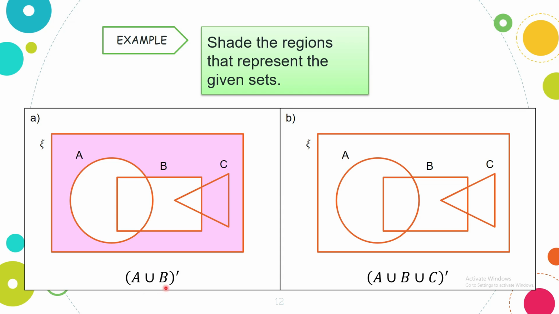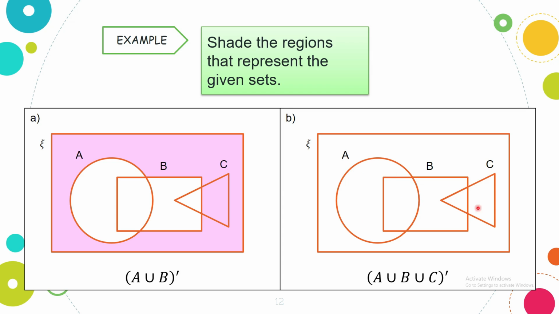Okay, next question B. A union B union C. Set A union with set B union with set C. So the union region is in this part.